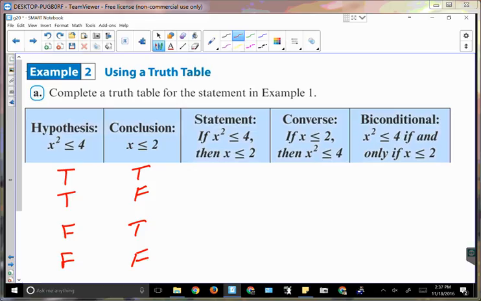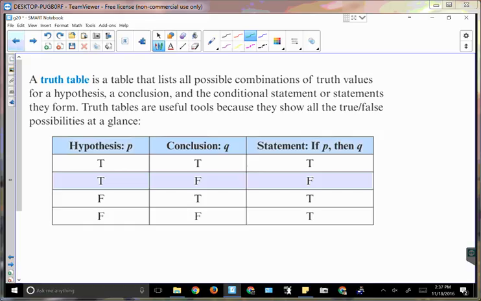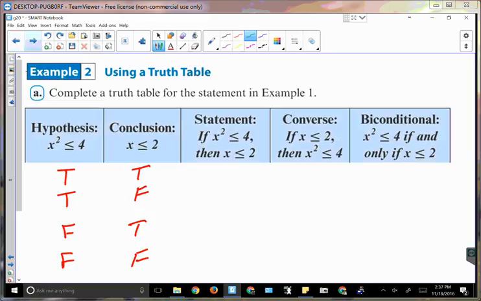Now, the first thing that we're going to do when we take a look at the statement, if this, then that, right? That's P, then Q. So, according to what we had back here, true, true gets to be true, right? True, false gets to be false. So, true, true, this is going to be true. True, false is going to be false.